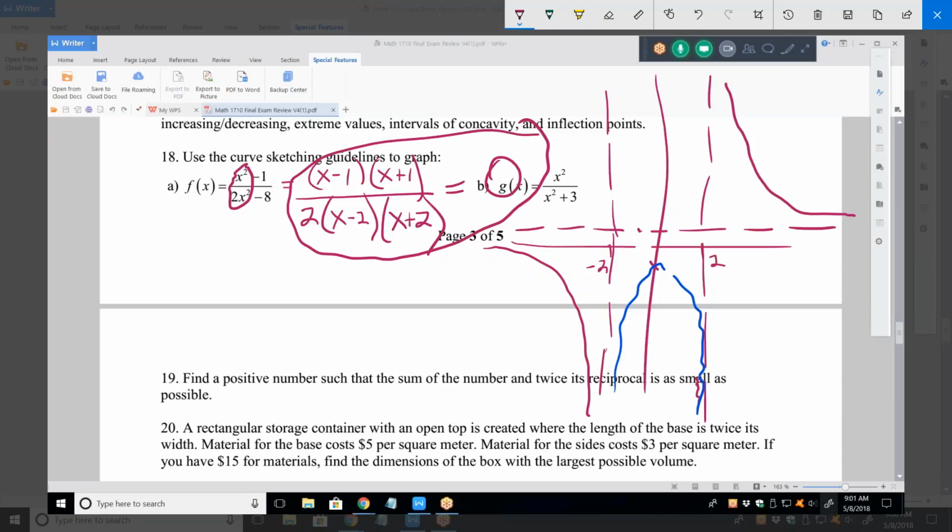What makes a quotient equal to 0? Only if the numerator is equal to 0. So, what makes the numerator 0? 1. 1 and minus 1. Okay, so plus minus.